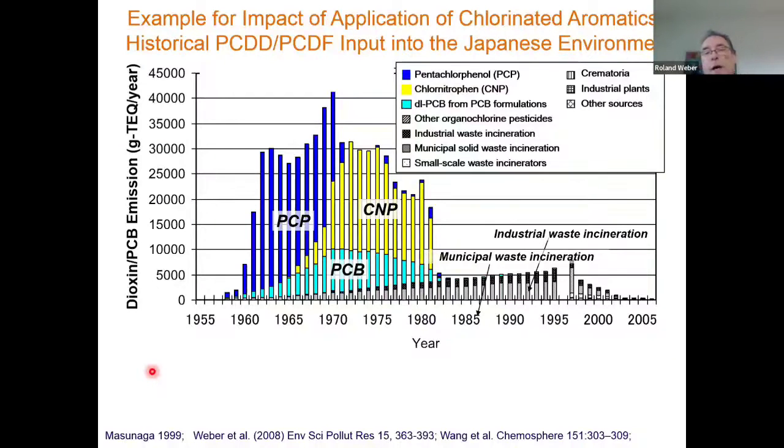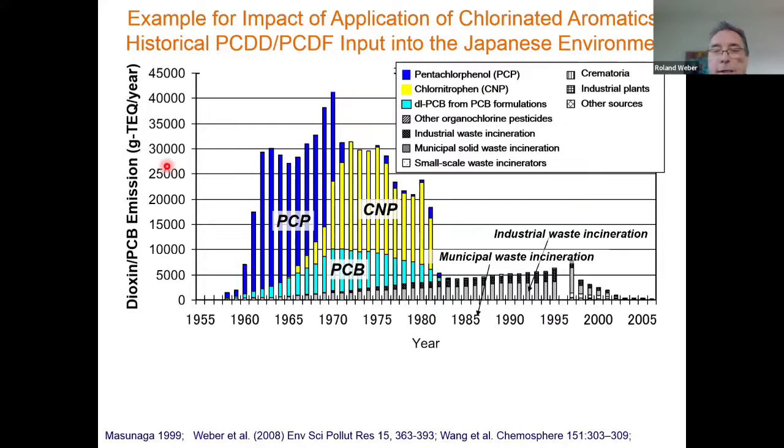This we can see with the only detailed historic dioxin inventory, and this comes from Japan. So you see here the dioxin release from Japan from 1958 until 2010. And here the quantity is in grams of TEQ. And you see here that Japan in the 1960s and 1970s had, every year on average, a release of about 30 kilograms of TEQ.